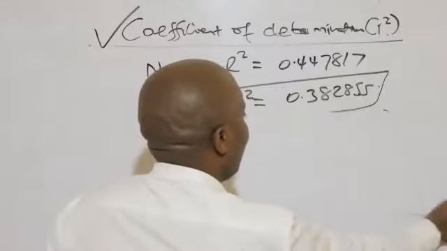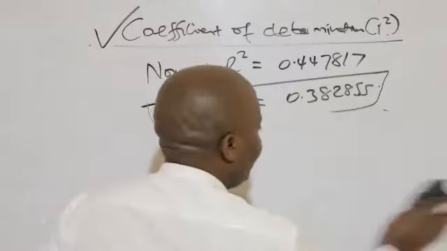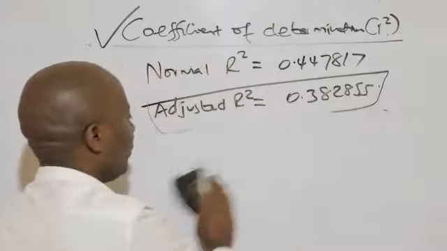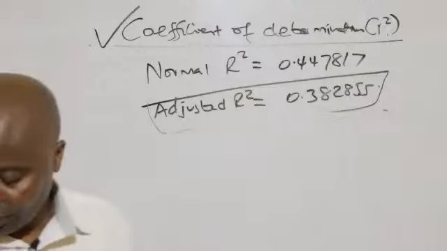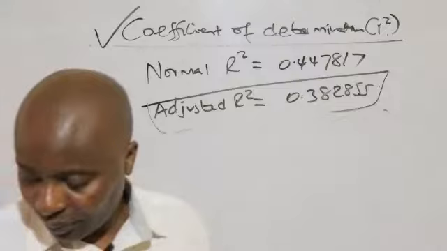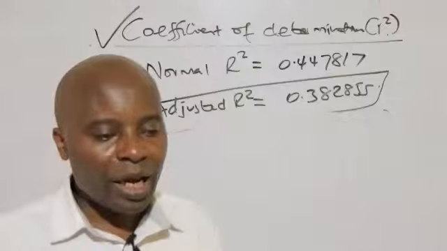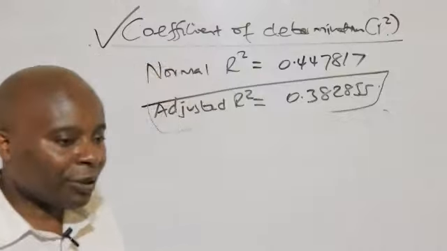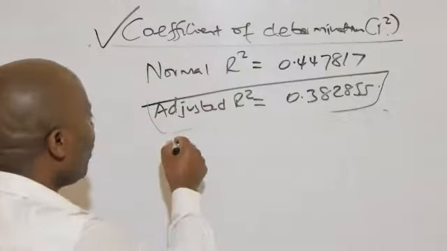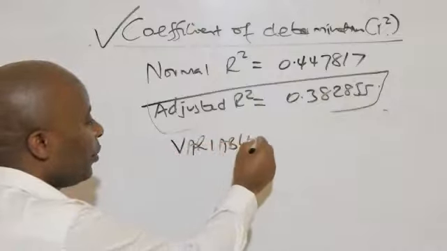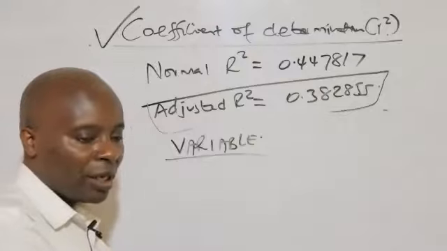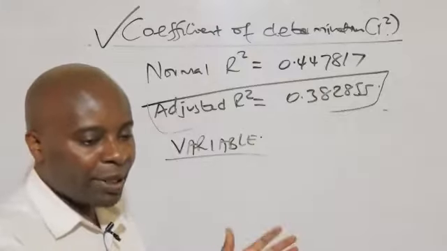So you need to practice. Now we are doing a hypothesis of which ones here now? The variables. I want to appraise and say whether the model is good on the basis of the variables.